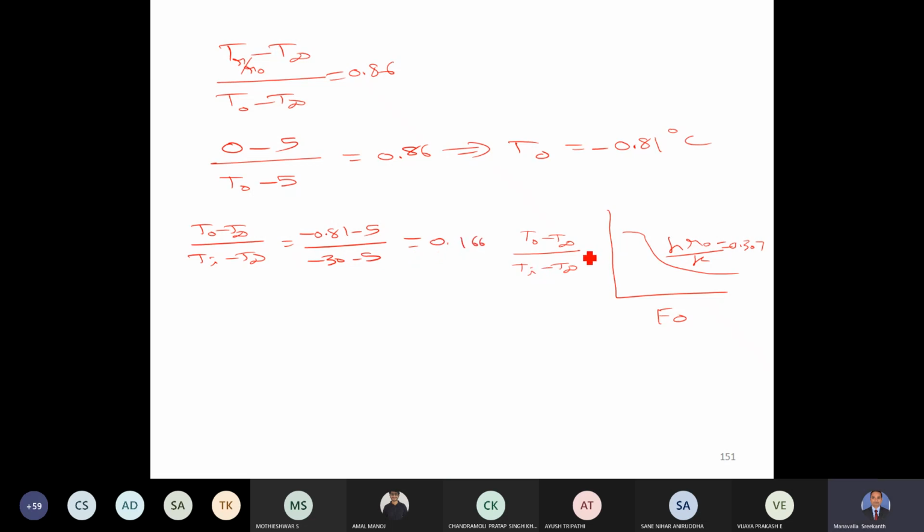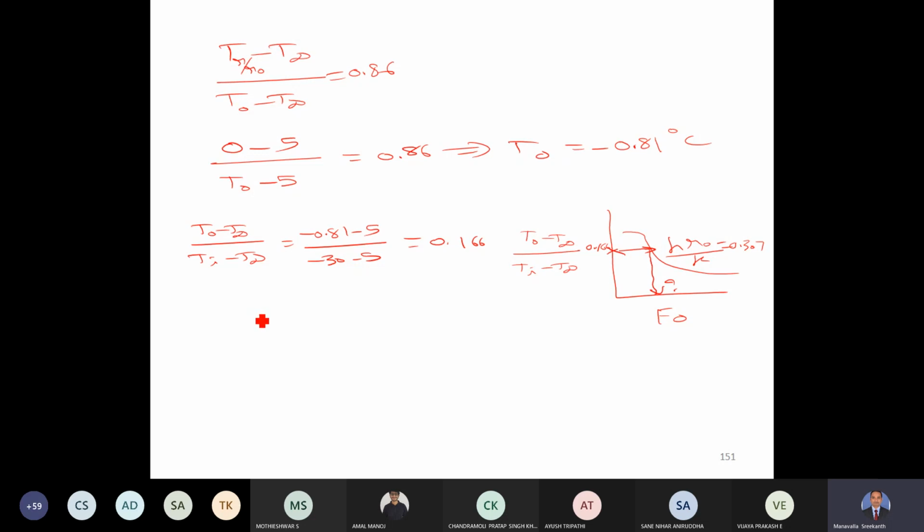So this value is 0.166. Identify this point 0.166 here, and from this draw a horizontal line onto this 0.307 line, and from there drop a perpendicular onto the Fourier number and find the value of the Fourier number.